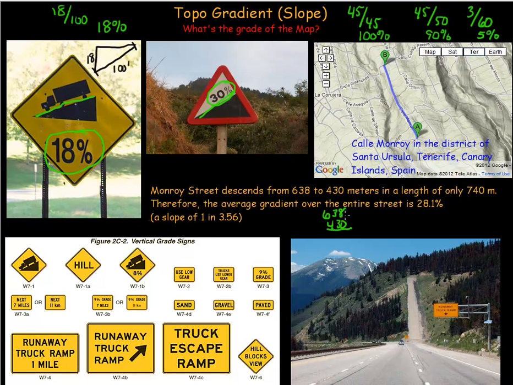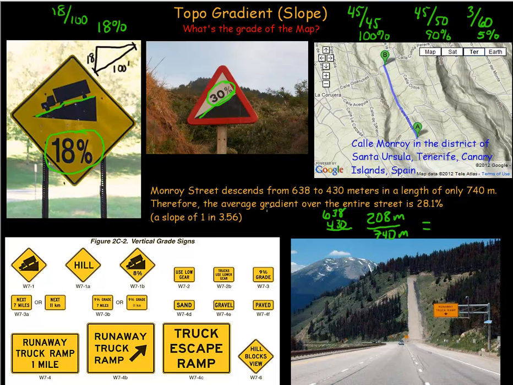And this street descends between 638 and 430, so it descends 208 meters over a distance of 740 meters of street. You can get rid of the units because they're both there, and that works out to a 28.1% slope.